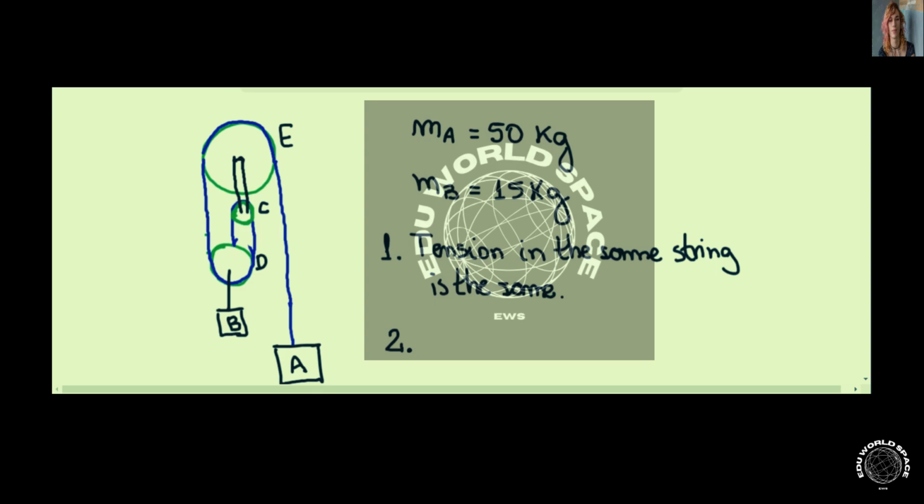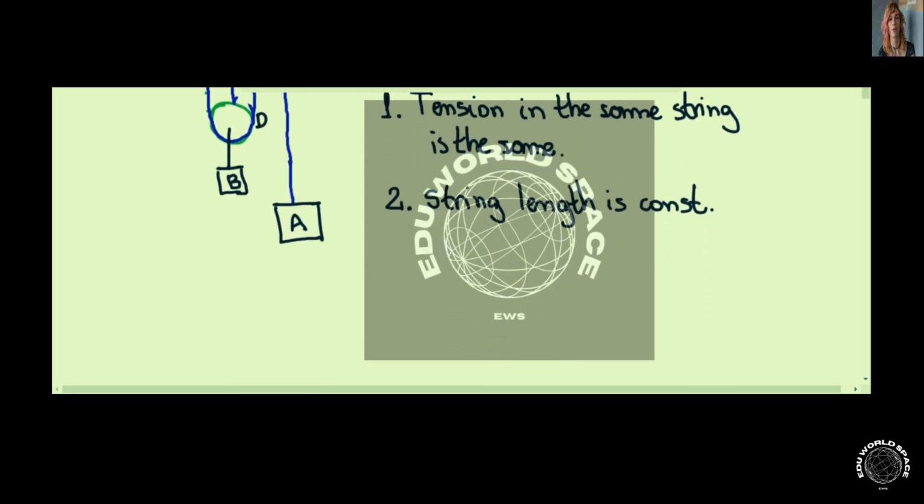Because notice that the string length is constant, meaning that if block A drops by a certain height, block B will be raised by a certain height, but these two heights are not necessarily the same. So these are 2 points to keep in mind when working with a system of pulleys. So let's dive into our exercise.